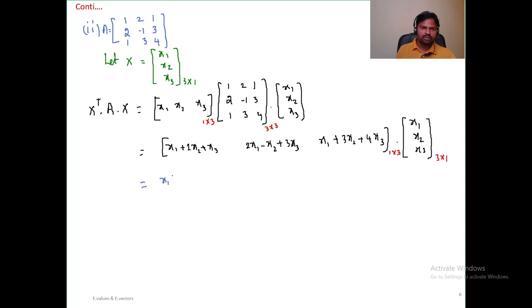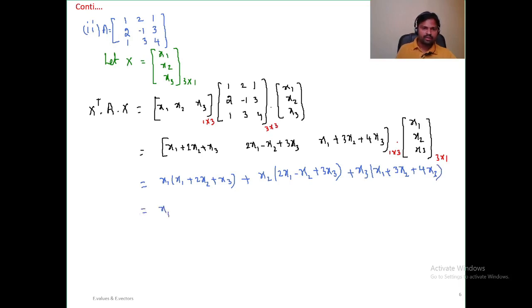So x1 into x1 plus 2x2 plus x3, plus x2 into 2x1 minus x2 plus 3x3, plus last one x3 into x1 plus 3x2 plus 4x3. So a single 1 by 1, only one number.